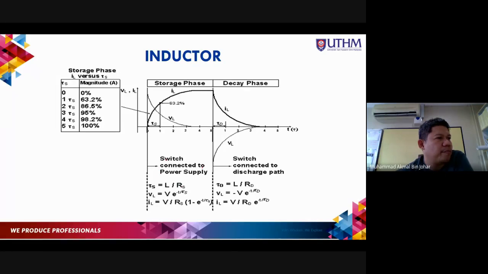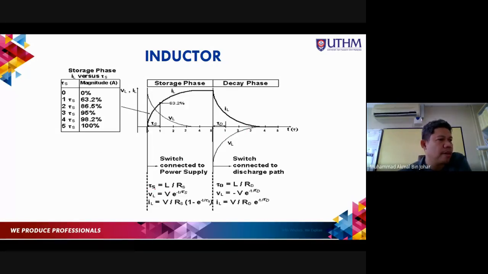This is the switch connected to the power supply, and the charging will happen until it reaches the maximum point, the fully charged stage. You can see the fully charged stage has been achieved at 3T. And then when the switch is connected to the discharge, the current will reduce significantly and go back to 0 at a certain period of time, which can be determined by the tau.